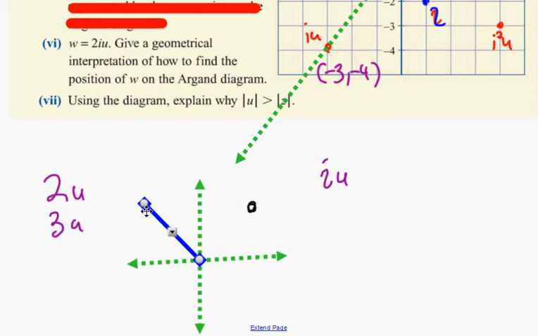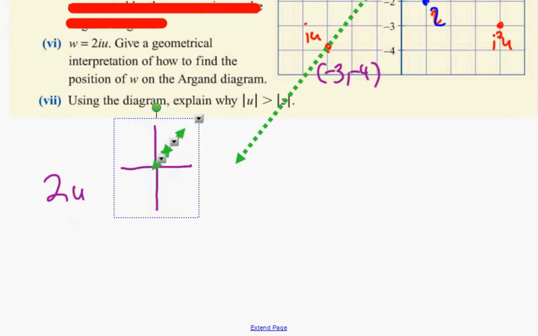Everybody agreed with that? If I multiply it by 3i, what happens? First of all, it will rotate it. You multiply by the i first, and it rotates it 90 degrees. Now what happens when you multiply it by the 3? Are you looking at this, lads? It triples the distance. Is that alright? Okay. Grand. So we got the gist of what's going on there.